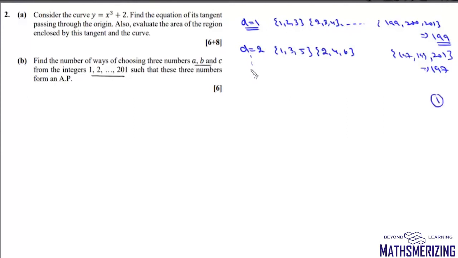So total number of ways in which we can find three numbers so that these numbers are in AP is given by this series, which is 1 plus 3 plus 5 up to 199. Now what is the sum of this series? Sum of this series is simply n square. So in this series we have 100 terms, so it will be simply 100 square, that should be 10,000. So total number of ways of choosing three numbers so that they form an AP is 10,000.